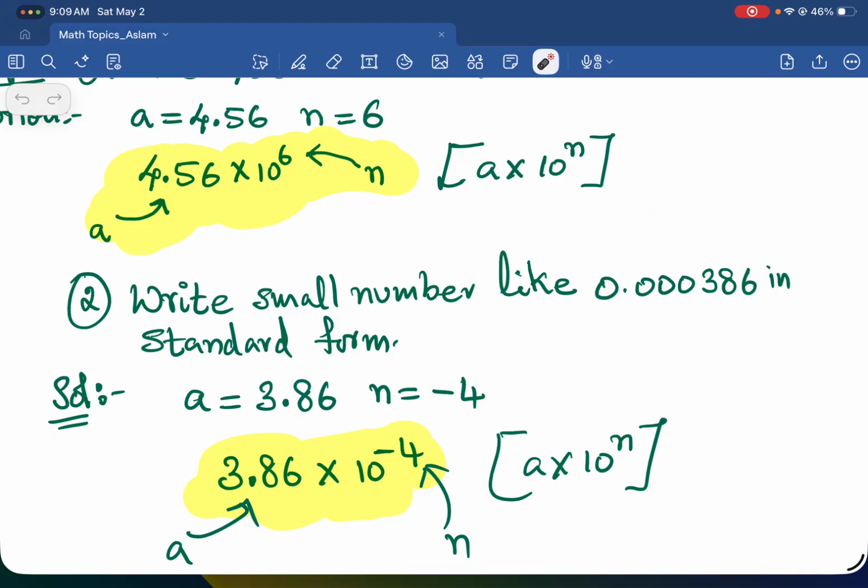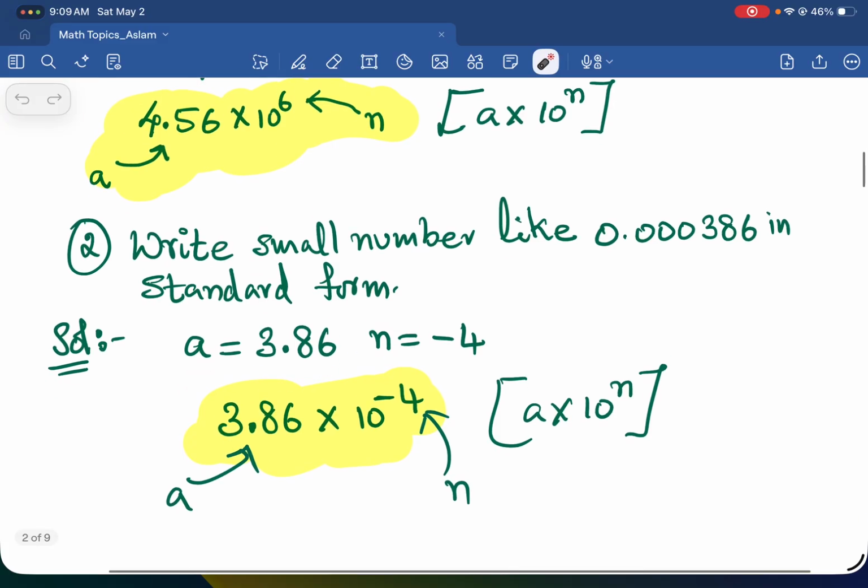So this decimal is going one place, two places, three places, four places. Therefore, since it is a small number, we'll use n as -4, and the a value will be 3.86. So we rewrite this number as 3.86 times 10 to the power of -4, where 3.86 is a and 10 to the power of -4 gives n.